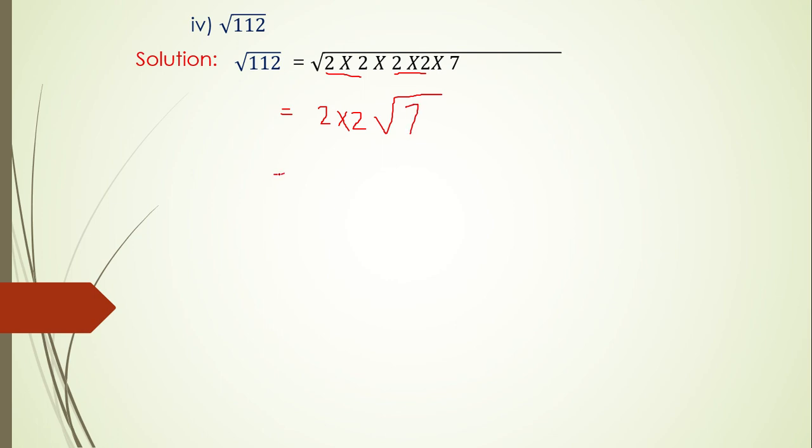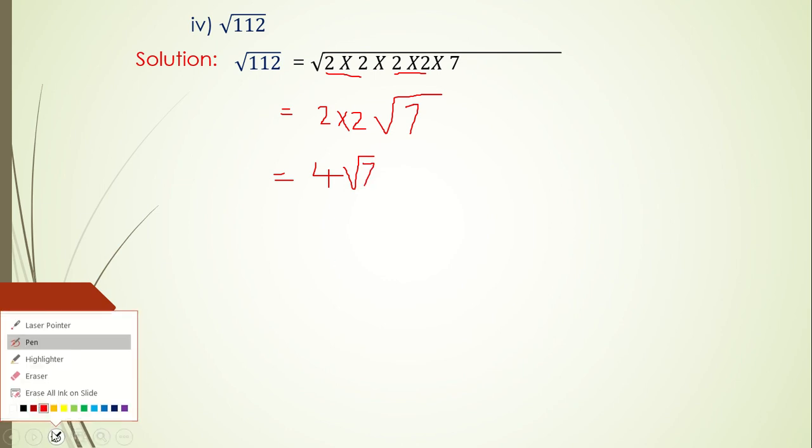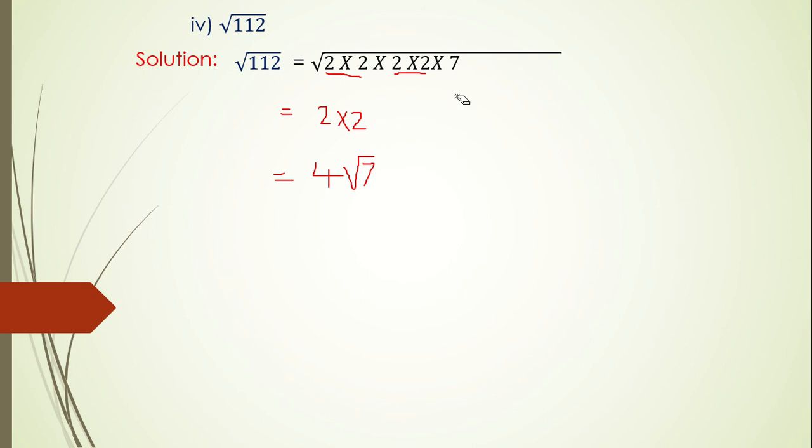So 2 2s are 4. 4 root 7 is what I will get as my answer. You have to factorize the number and get the answer. So that's going to be 4 root 7.